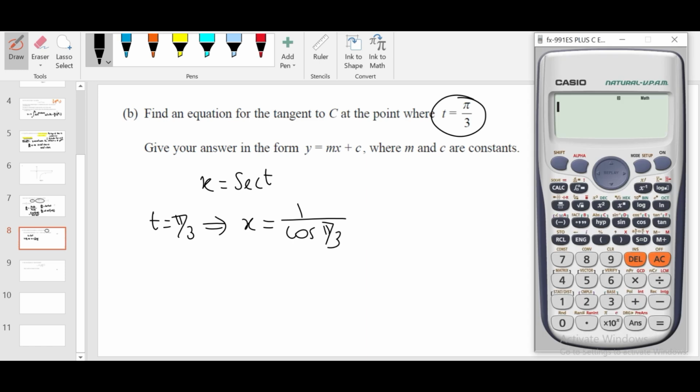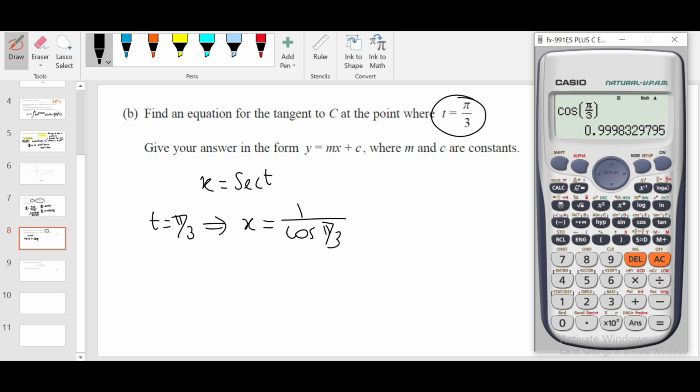Use radian mode. That's a decimal number, so I'm not going to use that actually. So let's find cos pi over 3 first, and then we put a reciprocal of it.